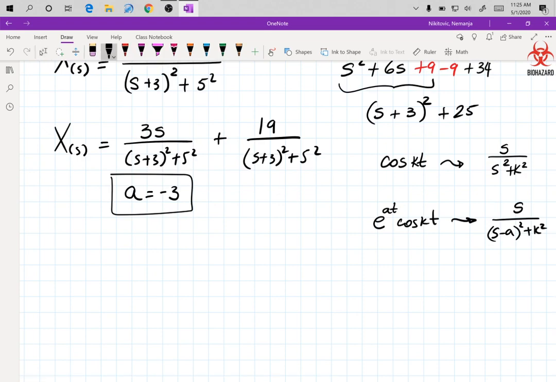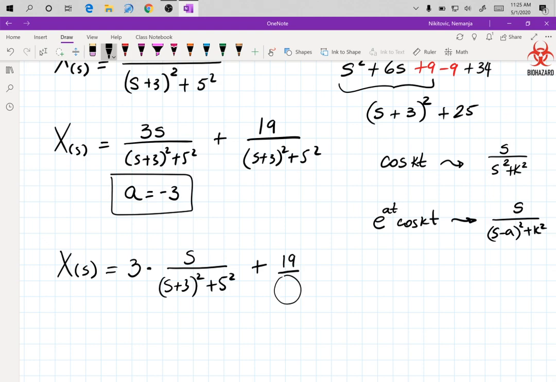So when you are taking a look at this X(s), this is going to be 3 times s over (s plus 3) squared plus 5 squared. So I move these 3 because, as you can see in the cosine formula, all I need is an s there. Plus, I'm going to move 19 out, divided by, I'll leave that open for now, and then I have this one, my (s plus 3) squared plus 5 squared.